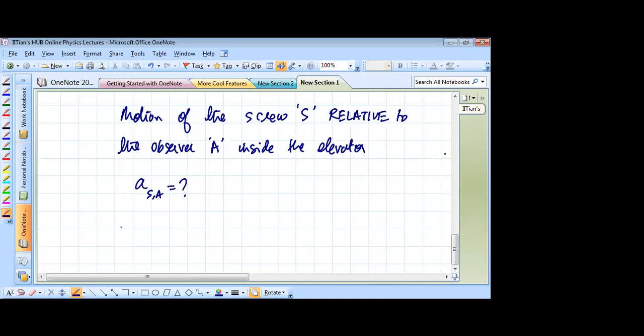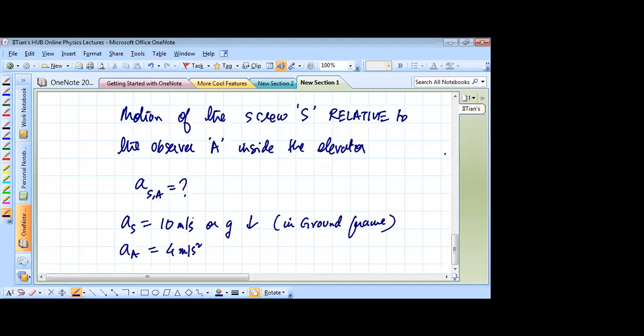It will be 6, because the acceleration of the screw is 10 meters per second squared, or g, downwards in ground frame. And the acceleration of E is nothing but 4 meters per second squared, or a0, downwards in ground frame.